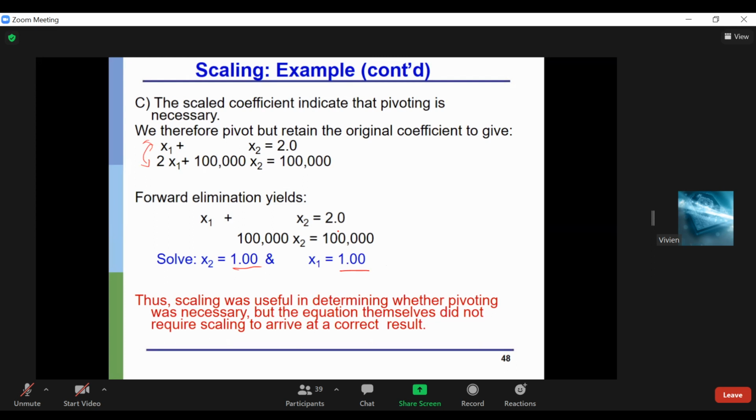So if we look in here, what is the main approach that can be performed to reduce the error, to improve the solution of the Gaussian elimination? First is pivoting.